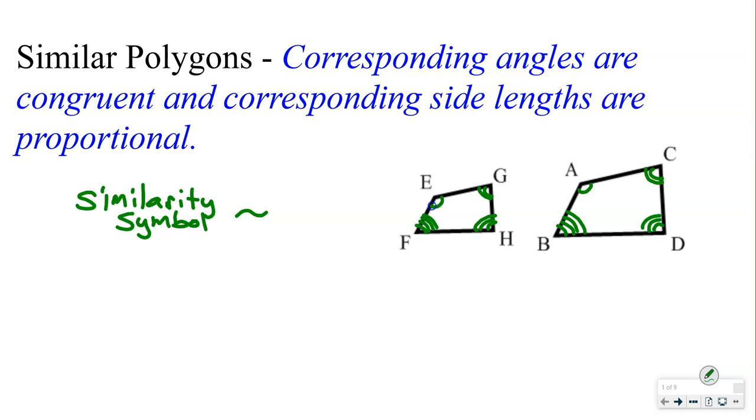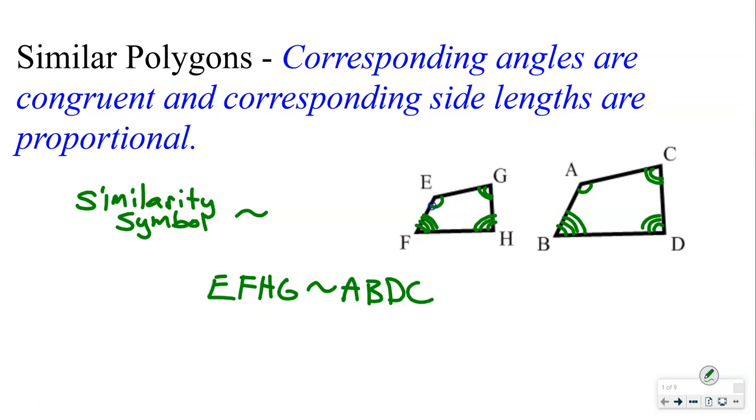That's all it is. So our similarity statement, if I called my first polygon EFHG, I would say it is similar to ABDC. And that would be my similarity statement.